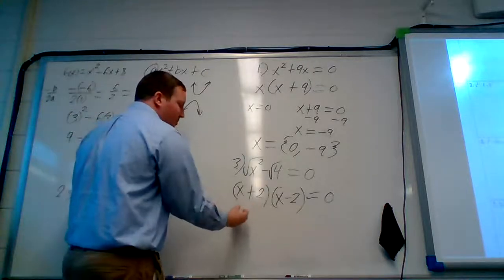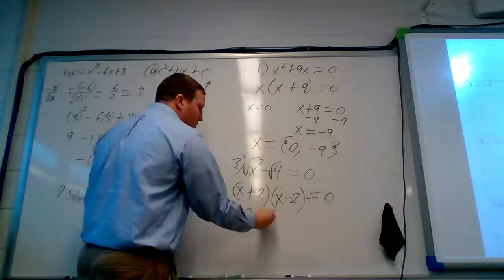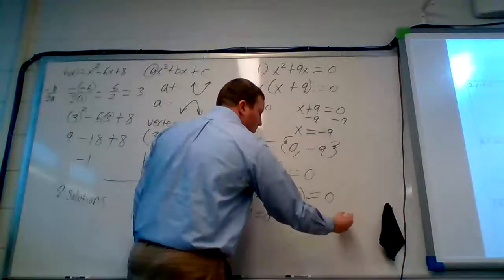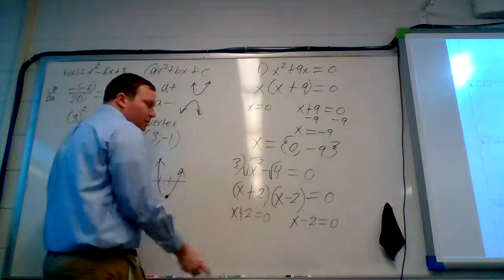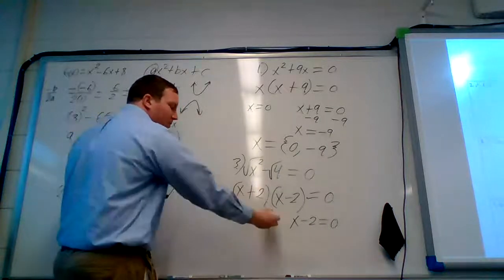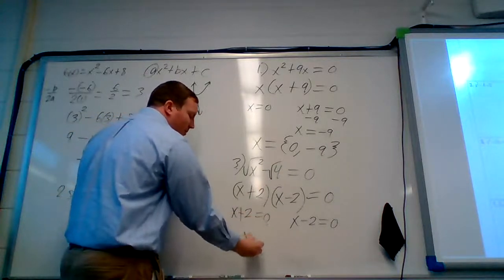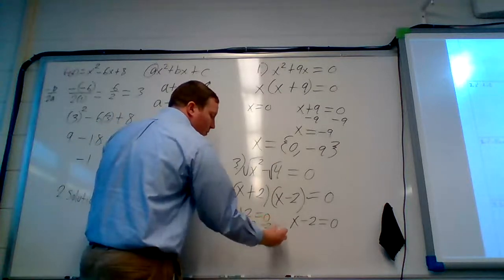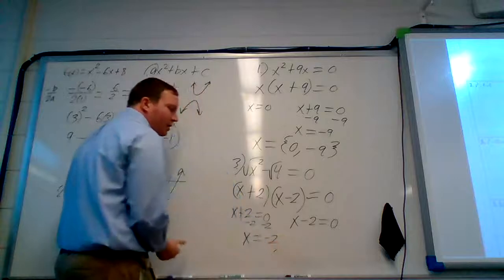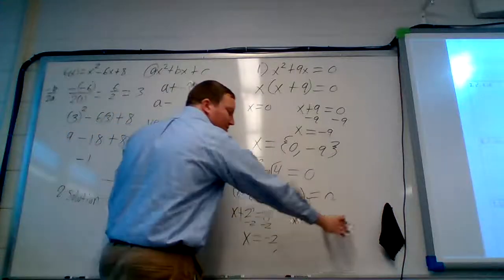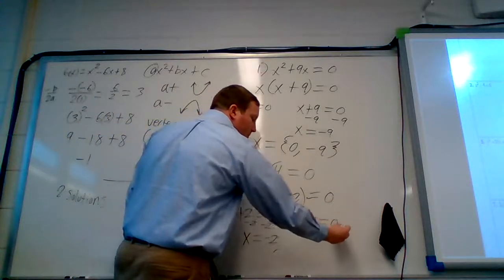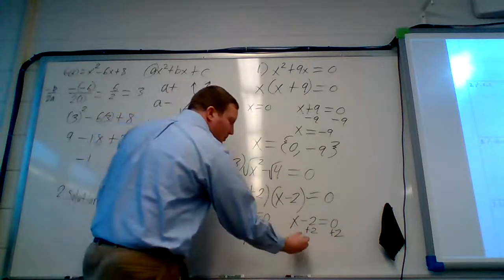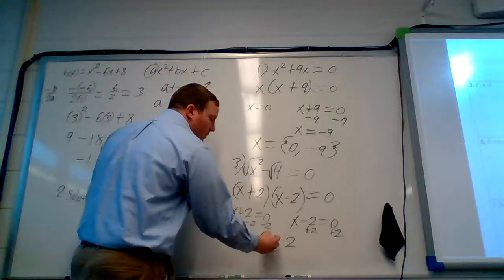So we have x plus 2 equals 0 and x minus 2 equals 0. So then we solve for x. So subtract 2 over, we're going to get x equals -2. And for this one, we're going to add 2 over. So x is also going to equal +2.